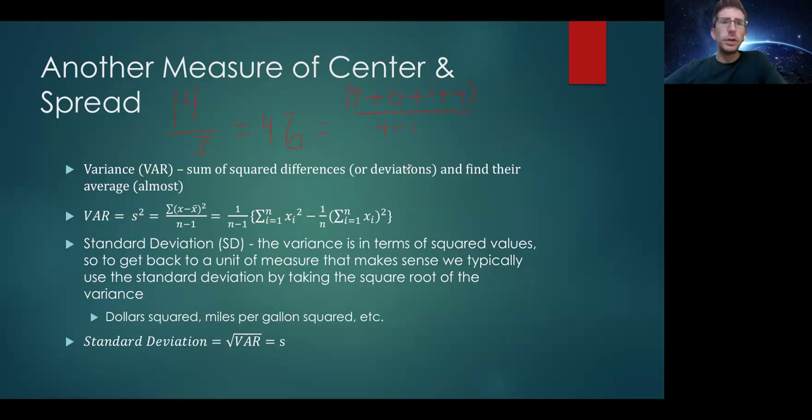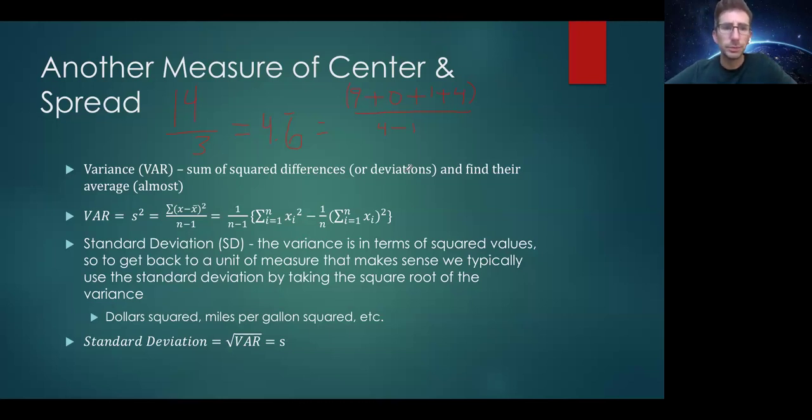Now the standard deviation is basically just the square root of the variance. The variance is in terms of squared values, which doesn't always make sense. If our data is in dollars, say we have an average of $20 spent at the grocery store, and we calculate a variance for the number of dollars spent, talking about dollars squared doesn't really make sense.